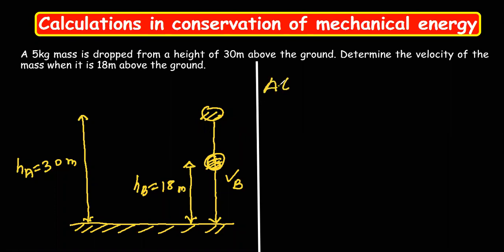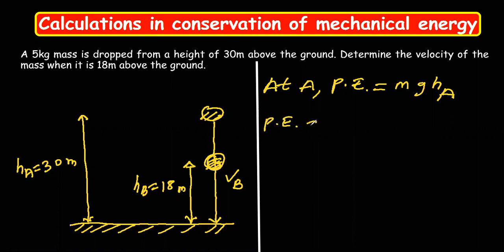So at A, our potential energy is given by mgh. Therefore, we can calculate potential energy at A. So let's put A here, height A.